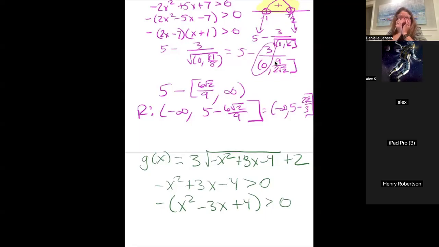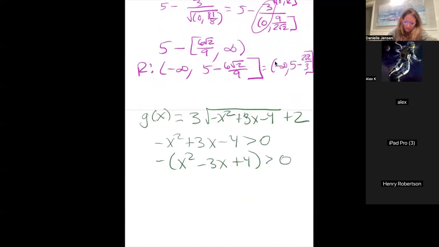If it was plus 3x minus 4, that would be nice, but yes. Okay, so what should we do here? Find the roots. Yeah, what's your choice? How would you like to find them? Quadratic formula.